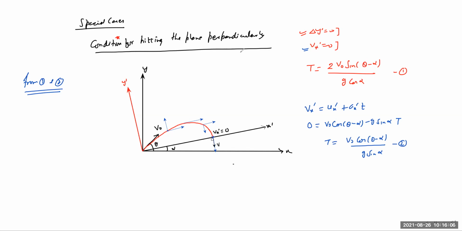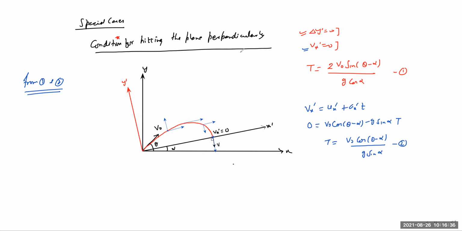So once I make the Vx dash equal to zero, I get again the time of flight because this has happened at that instant. So the question is who is reducing the Vx dash? It is the G sin alpha because that is always acting that way. So G is acting vertically downward, but G sin alpha is always opposite to the x dash axis.